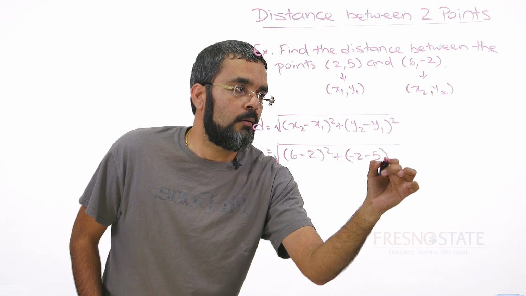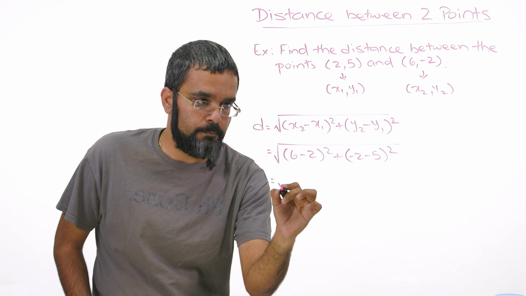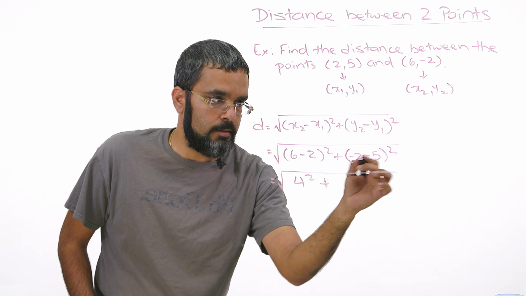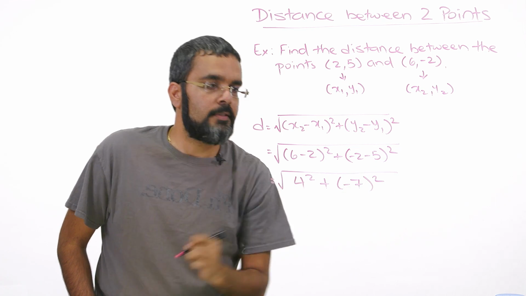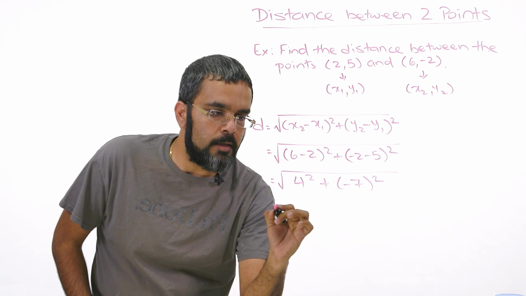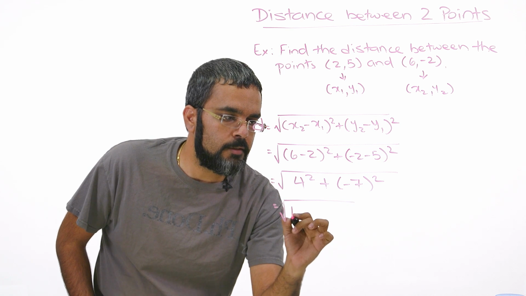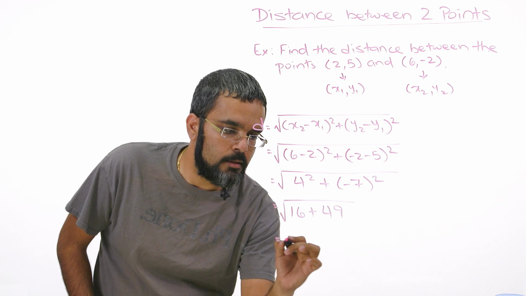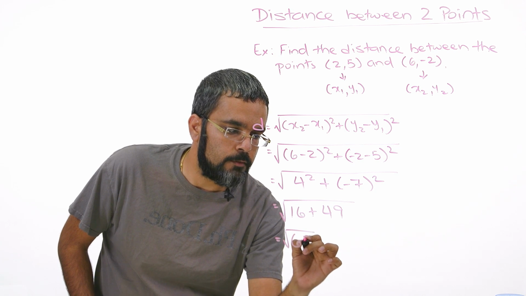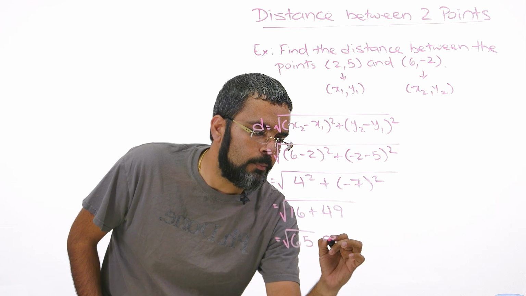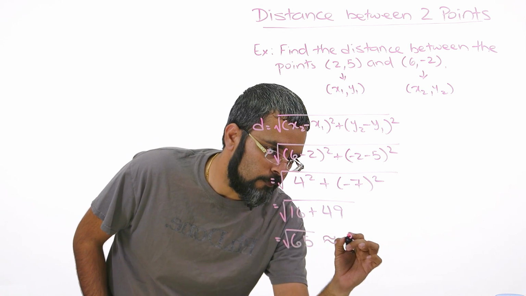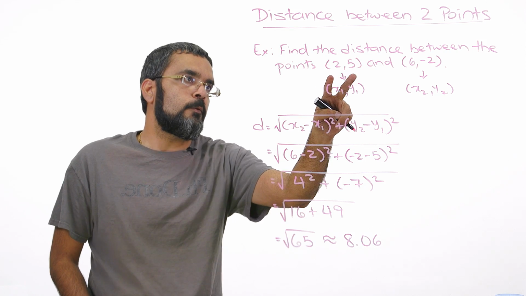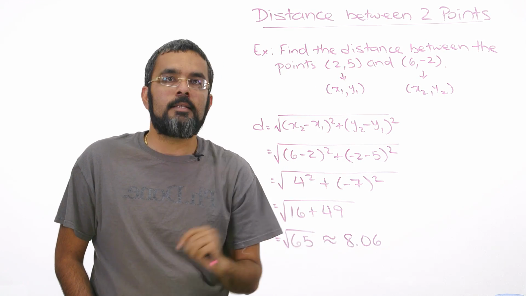That's the square root of 4 squared plus negative 7 squared, which gives me the square root of 16 plus 49, and that is the square root of 65. Or I can put it in my calculator and get a value of 8.06. So the distance between the points 2, 5 and 6, negative 2 is 8.06.